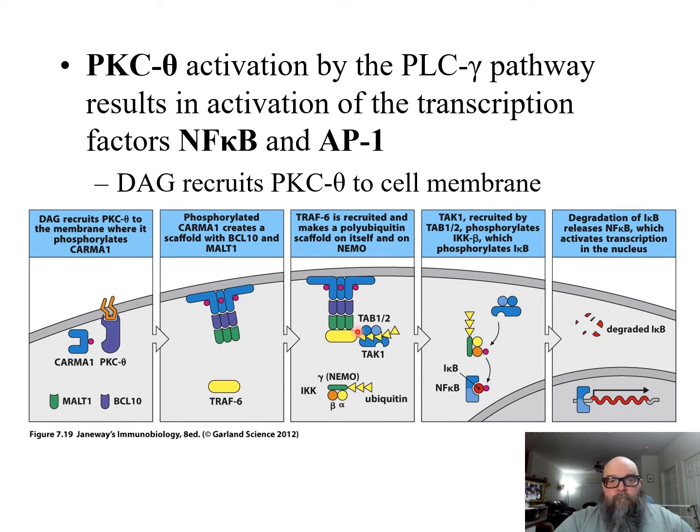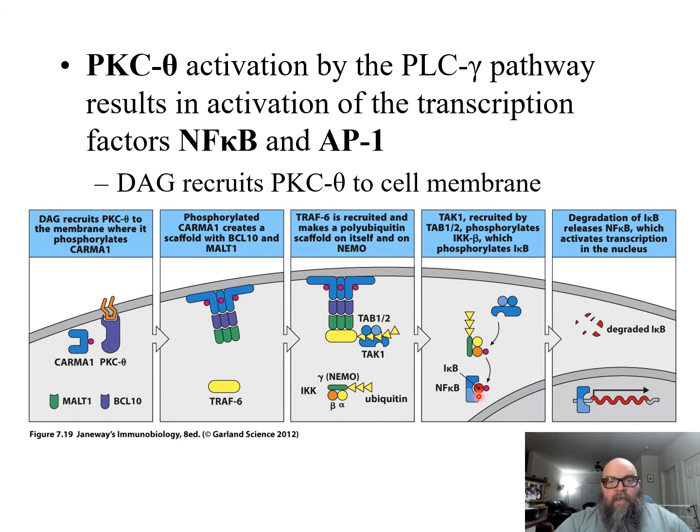TRAF becomes ubiquitinated, releasing TAK1. TAK1 is then going to go and phosphorylate proteins in a complex known as IKK. IKK is going to go and break I kappa B from NF kappa B. NF kappa B is actually a transcription factor. It wants to go and bind to certain DNA sequences to promote transcription.